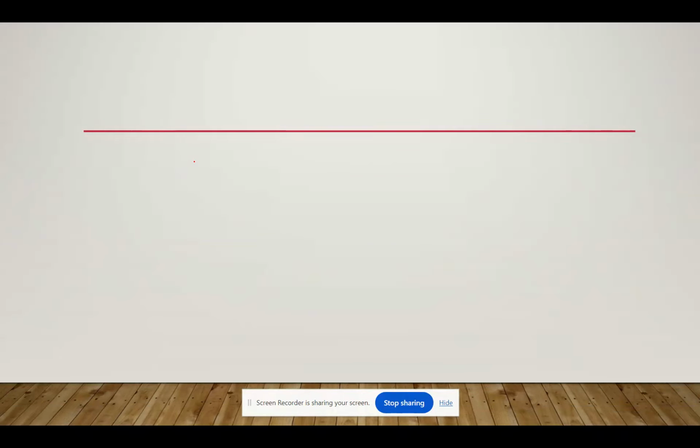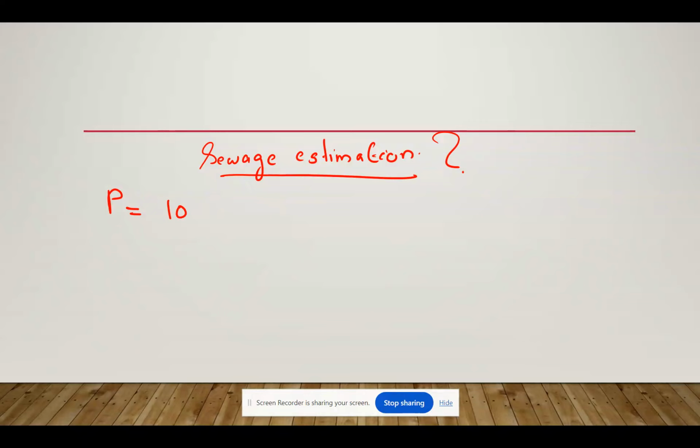Yes. So here you have to calculate the sewage estimation, how we can estimate the sewage. Then we'll go for the infiltration after that. Okay. So now, in a city, the number of people we are considering is 10,000.